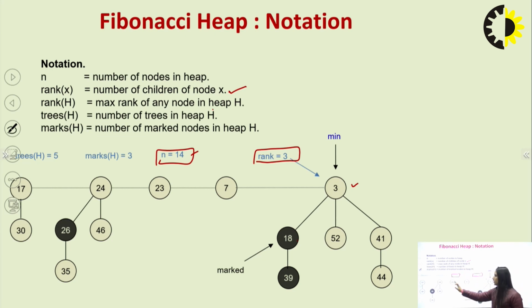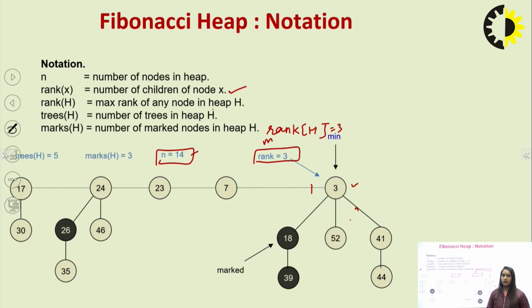In the complete heap, which one has the maximum rank? This node, 3, with 3 children. So the maximum rank h is equal to 3, right?